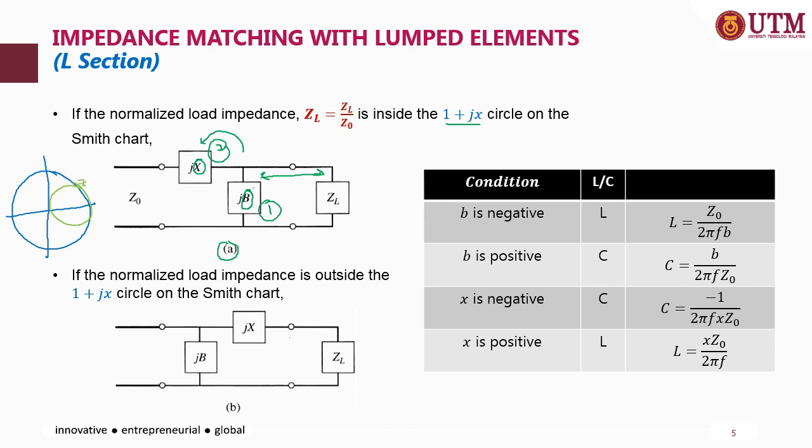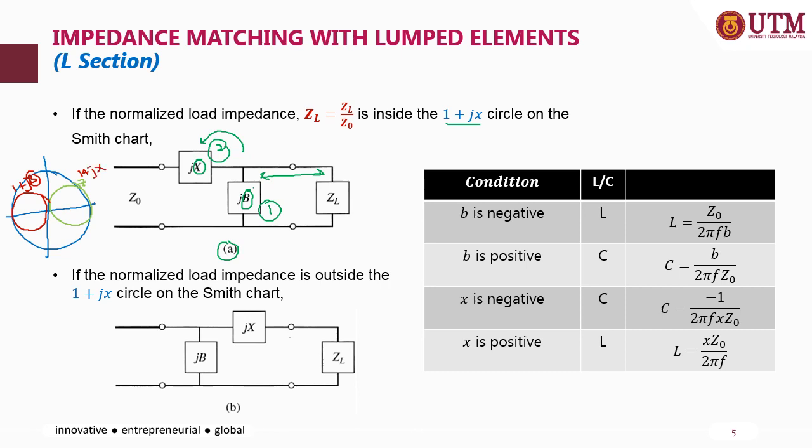To use the same chart as the admittance circle 1 plus jx, jb, you need to draw another one here, so 1 plus jb, this representing the susceptance, and here 1 plus jx.